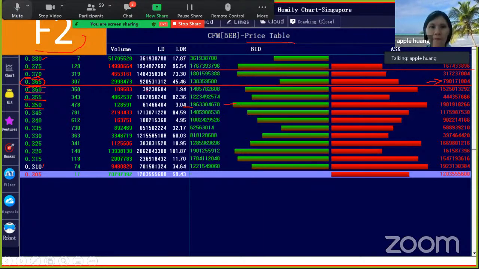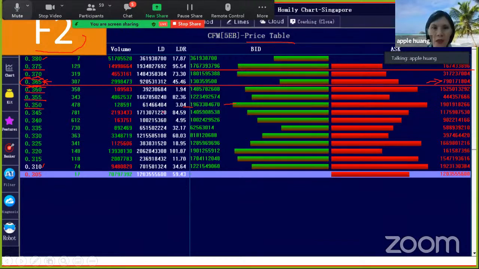Okay, you will see at different price levels how much the actual bid volume and ask volume are. And you can also do a vertical comparison.